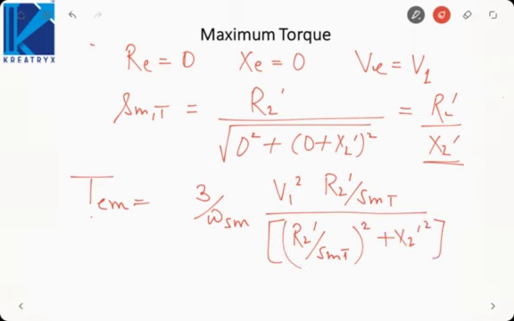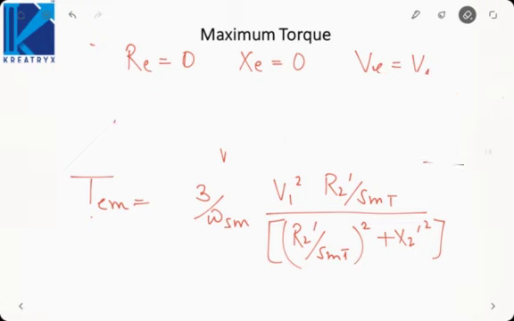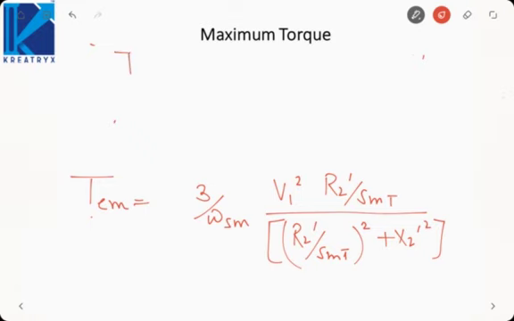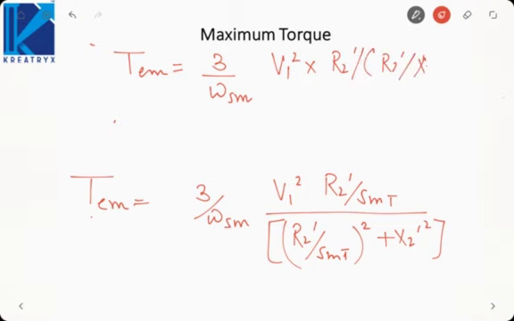Here we will substitute SMT, that is R2 dash by X2 dash. So maximum torque will be 3 by omega Sm, V1 square into R2 dash divided by R2 dash by X2 dash.